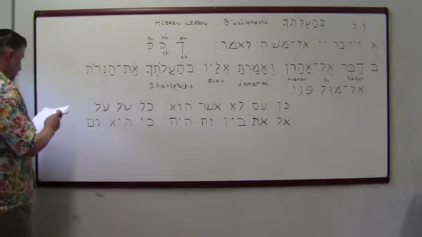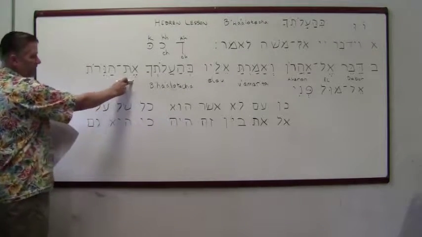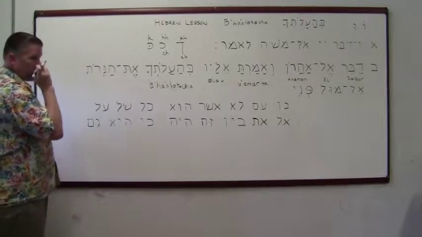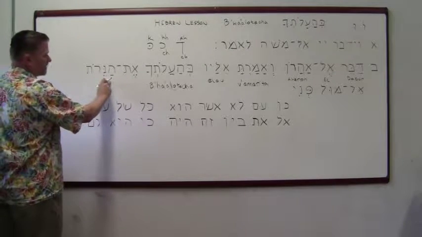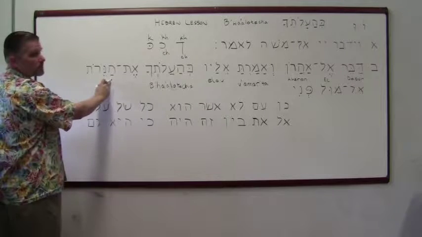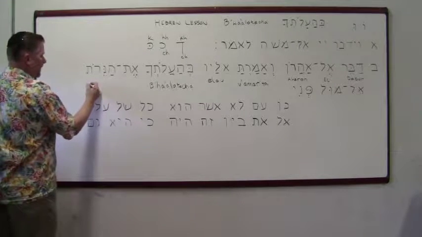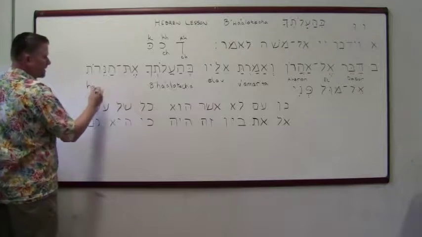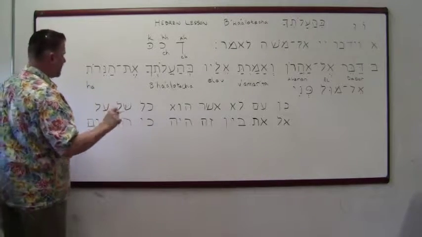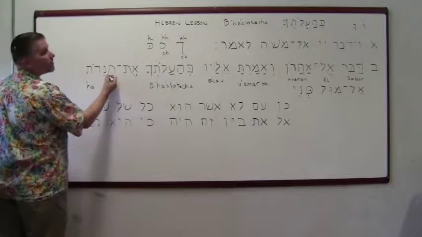Okay, so we have this, which is a direct object indicator, right? This is a pointer. Let's go ahead and sound this out. We have a hey with a patah. So we got ha. Okay, Nun.